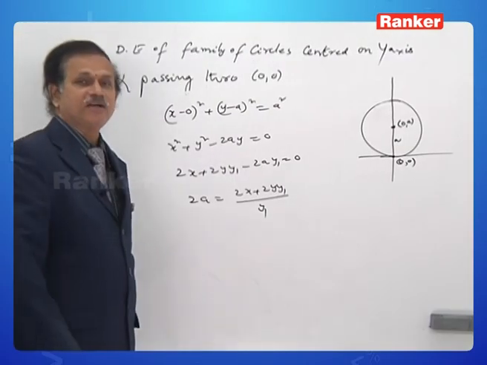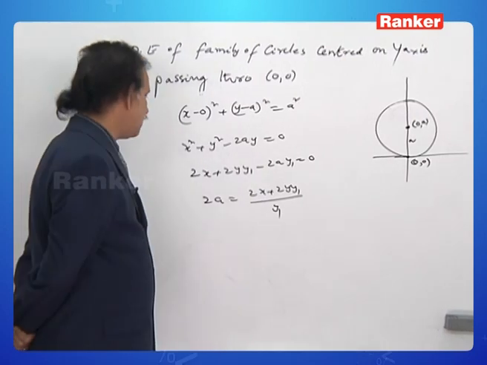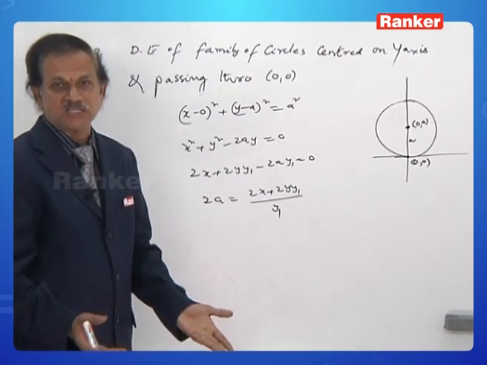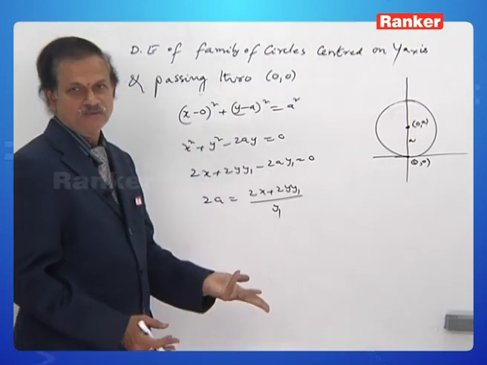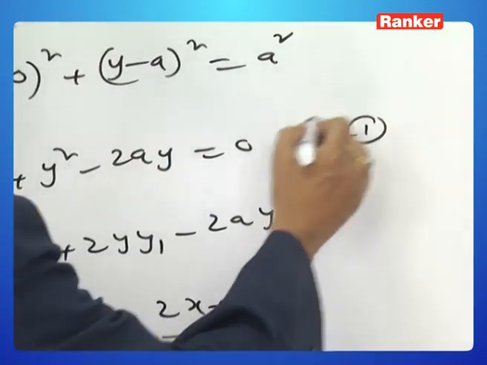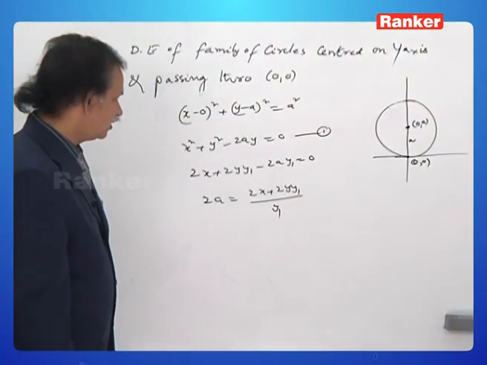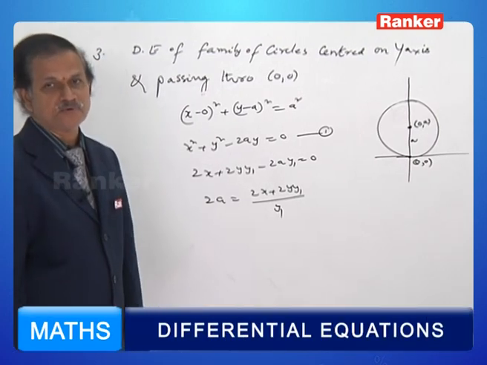I think you might have collected the idea. Why should we get the value of 2a? Just to substitute in this equation, isn't it? Actually, in the answer of the differential equation, no arbitrary constants are supposed to be obtained.